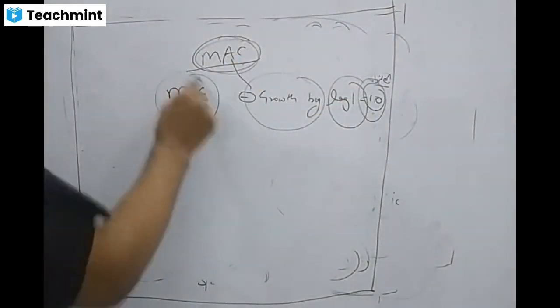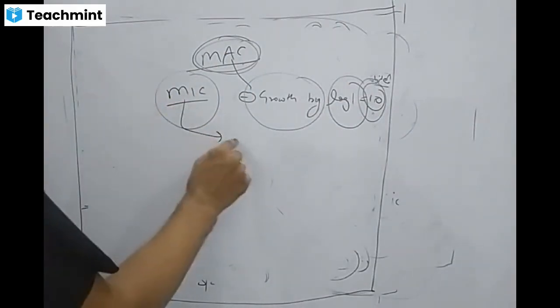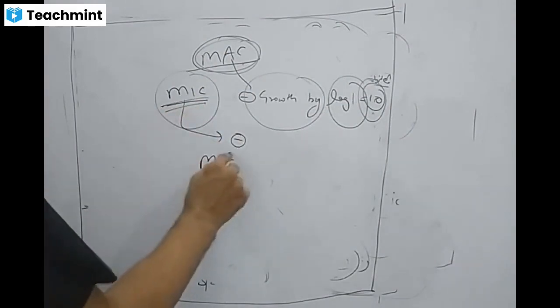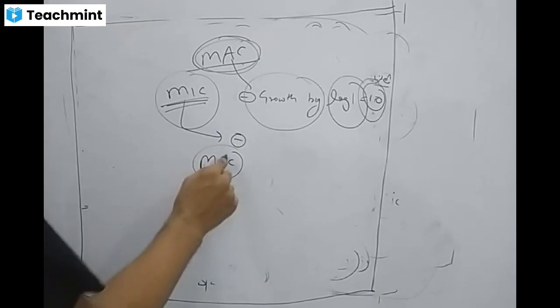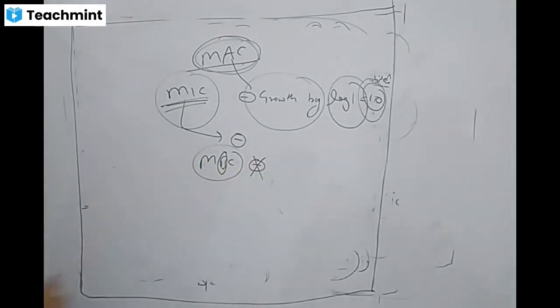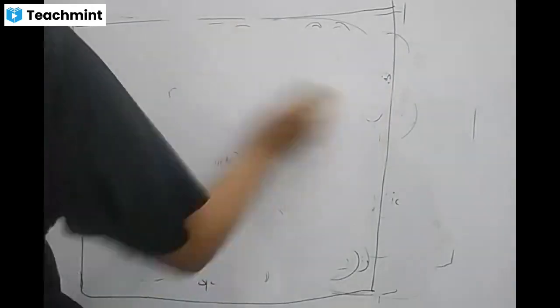If this is the minimum concentration where growth is inhibited for the first time, it is MIC. If bacteria are killed for the first time, that is MBC. So these are the broth dilution methods.